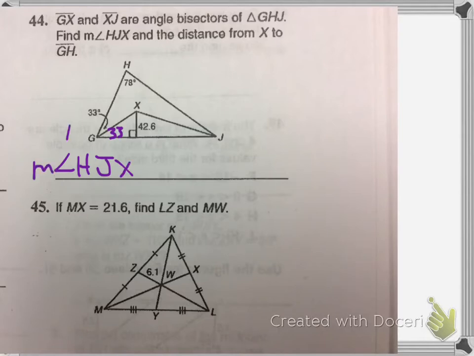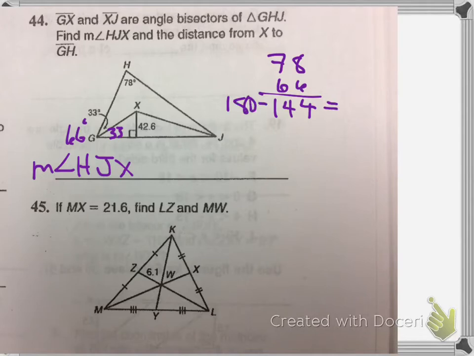If that's 33 and that's 33, that's a total of 66. If I add 66 plus 78, that gives me 144. Subtract that from 180, and you've got 36. So this whole thing right here is 36. Remember, divide it by 2, and that will give you 18 and 18. So HJX would be 18 degrees.